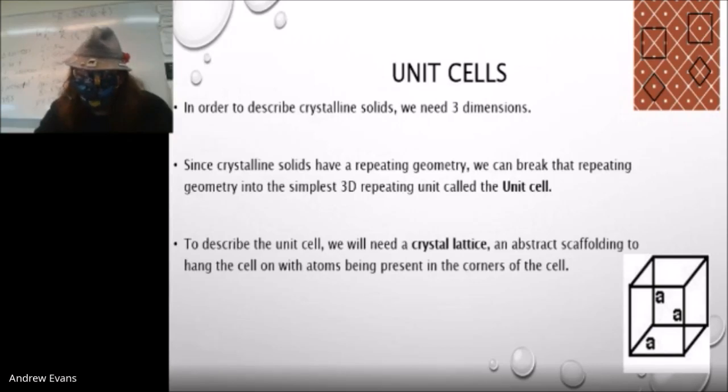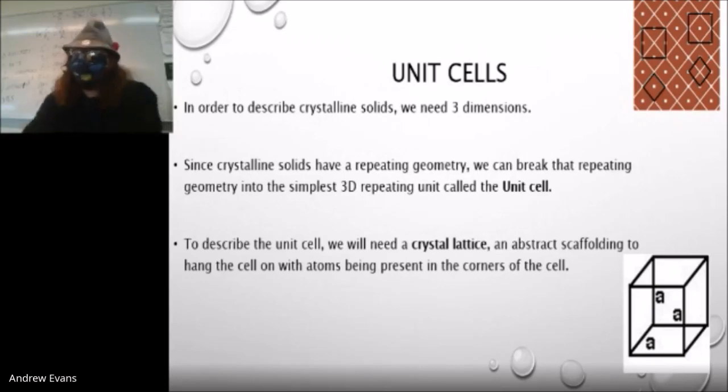And we can describe this by holding what we call a crystal lattice on it. It's an abstract scaffolding which we use to hang the atoms. Like if I draw a box from this atom to this atom, and this atom to this atom, it's essentially an imaginary box that helps us see where the repetition is.